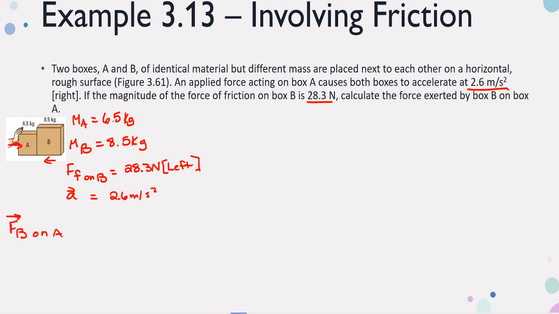So let's find this free body diagram for B. Of course, we're going to have our Fn, and we're going to have our Fg. Those guys just operate in pairs together. We're going to have the force of friction.